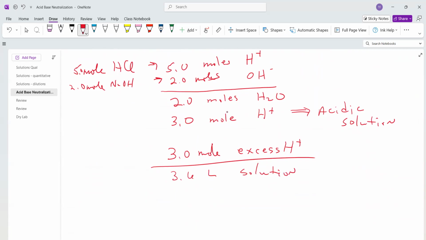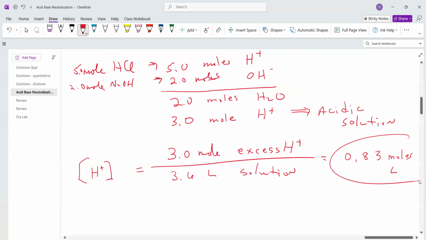Okay, so I got that by adding the acid liters and the base liters. So our acid concentration... okay.